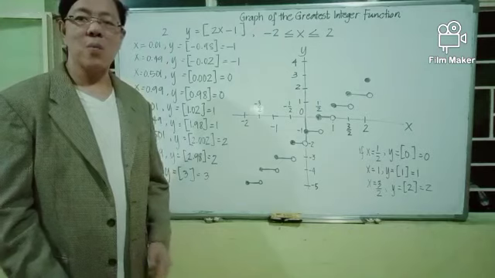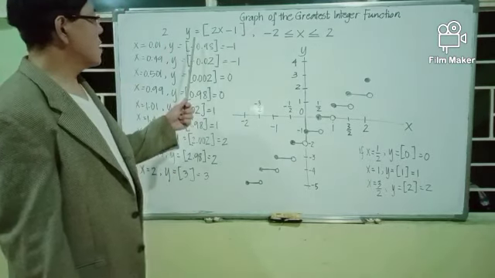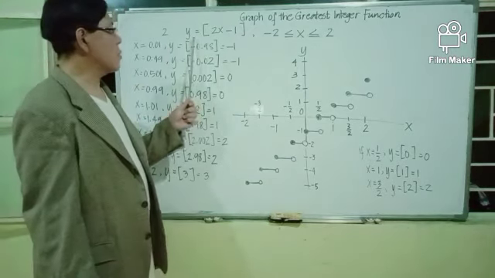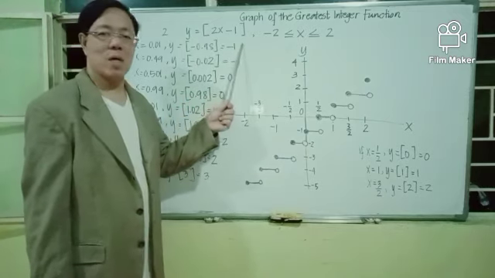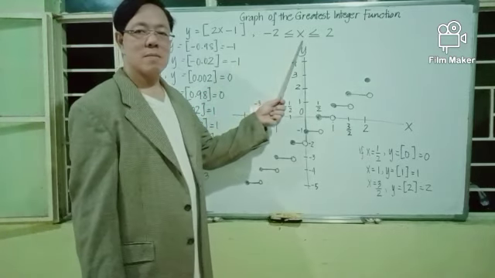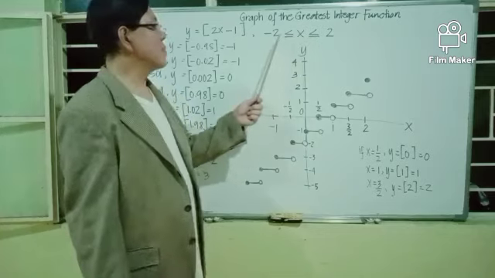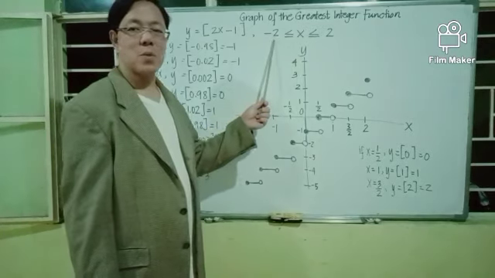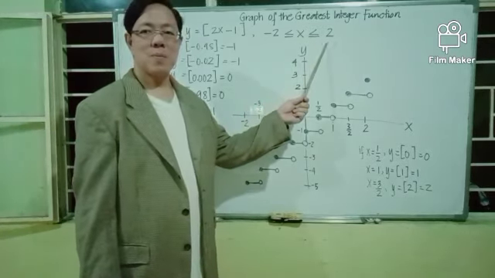And this is the complete graph of the greatest integer function y equals the floor of 2x minus 1, where x is a real number in the closed interval from negative 2 to positive 2.